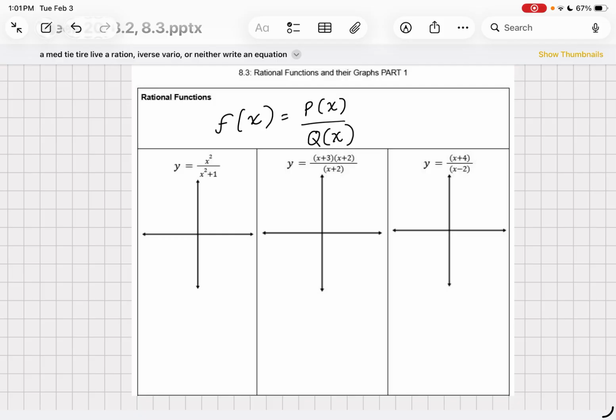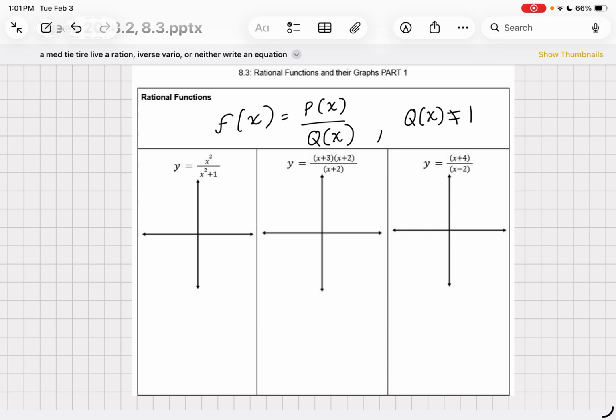Just like with the inverse function, in a rational function, q of x, meaning the bottom part, cannot equal 0. We have to keep that in mind. That's going to change some things about the graph, and we'll see that in just a minute.